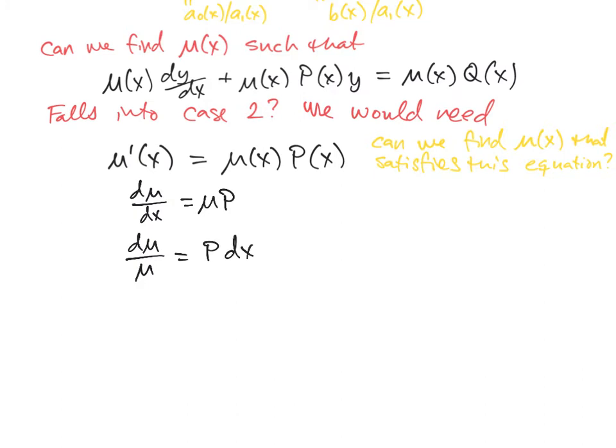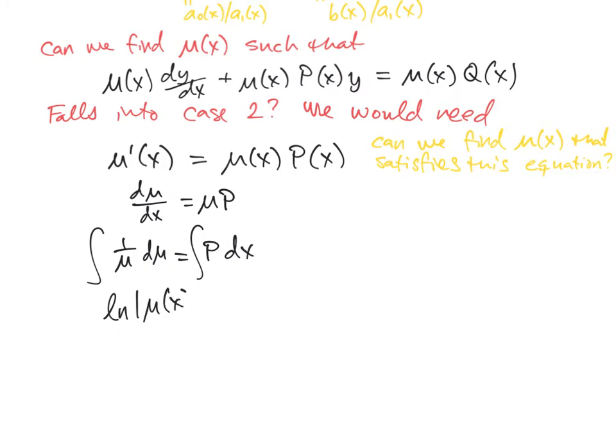Actually, let me rewrite this left-hand side so it's a little bit more clear. I've got 1 over mu d mu equals p dx. And now I can just integrate it. Well, we can integrate the left-hand side. That's easy enough. That's just ln of mu.